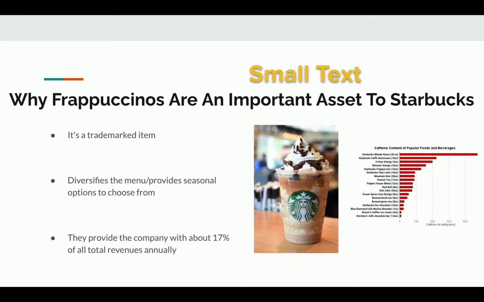Maybe we just take like one point from this chart. But if you look at the text, it's all about the marketing strategy for Frappuccinos, and then we're talking about caffeine content, and so we've just chosen to make everything small and cramped, but it's really not coherent. This slide doesn't fit together.